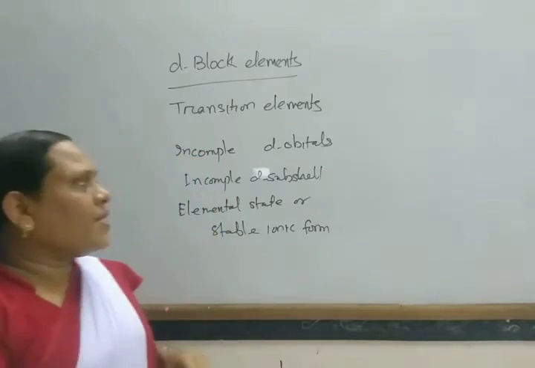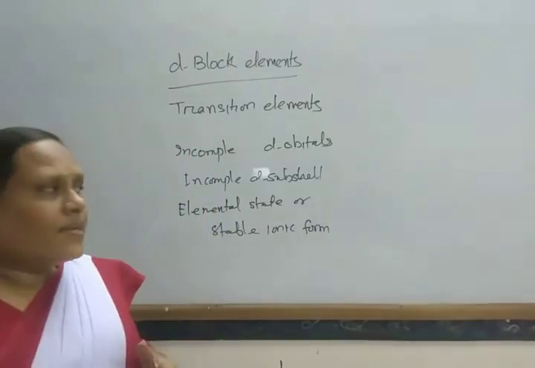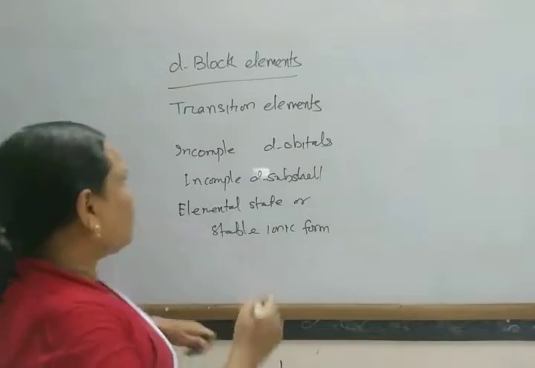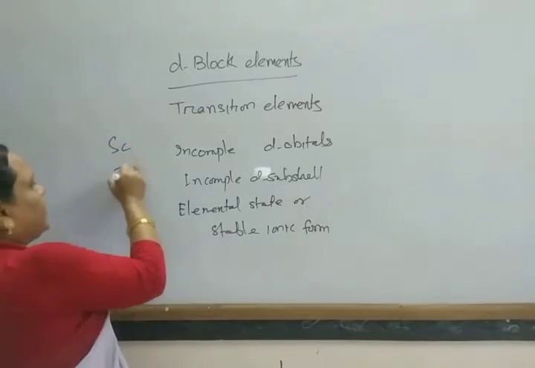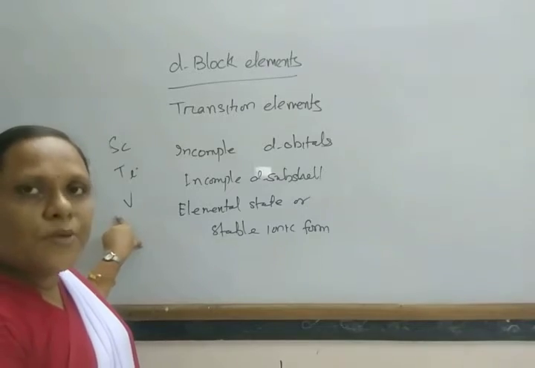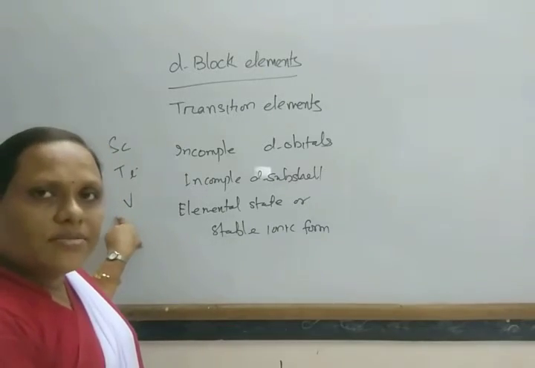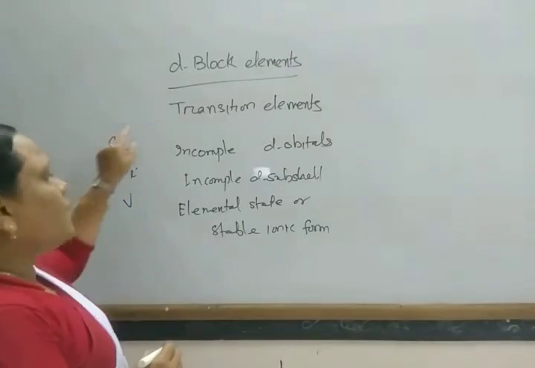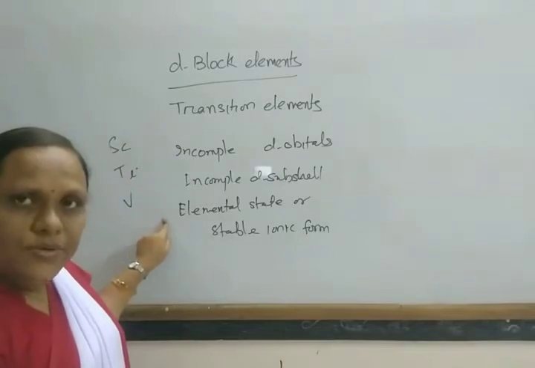Generally, when we consider elements like scandium, titanium, vanadium, all have d subshells progressively filled by 1, 2 and 3 electrons.